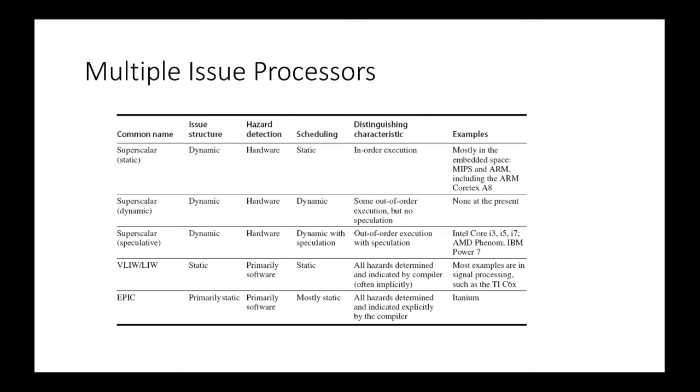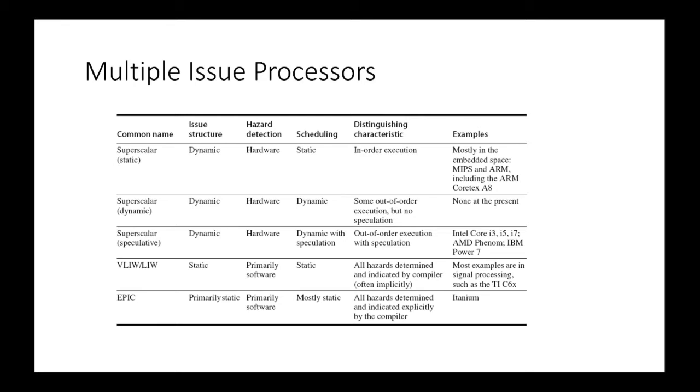The first 3 rows are different types of superscalar processors, and we have a VLIW and EPIC. EPIC is Intel's version of VLIW processor, very similar to VLIW. And depending on their scheduling and the execution model, we have a static superscalar, dynamic superscalar, and speculative superscalar.